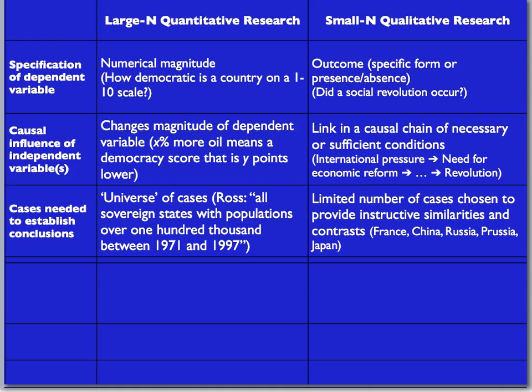His are all sovereign states with populations of over 100,000 between 1971 and 1997. Small n researchers don't feel that they need to specify the scope of their theories so broadly. They use a limited number of cases chosen to provide instructive similarities and contrasts. This is a list of the cases that Skocpol uses.